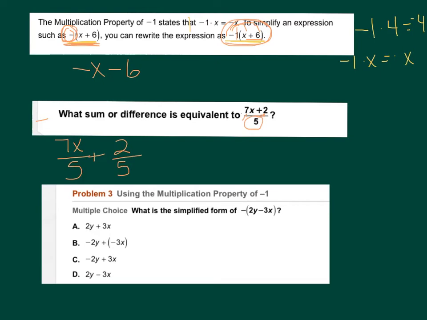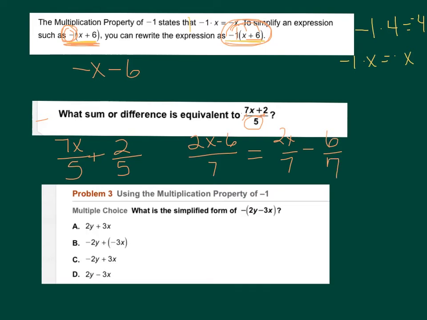So 7x plus 2 divided by 5 is the same thing as 7x divided by 5 plus 2 divided by 5. Okay? And the same with subtraction. So if we had 2x minus 6 divided by 7, and we want to split that up, okay, and it's equivalent, we're just going to have 2x over 7 minus 6 over 7.